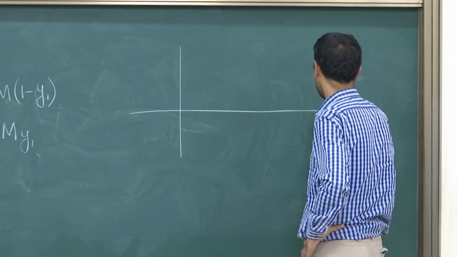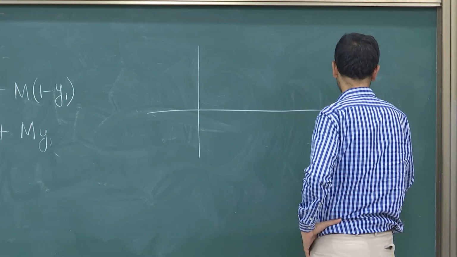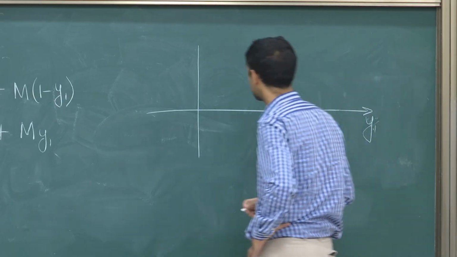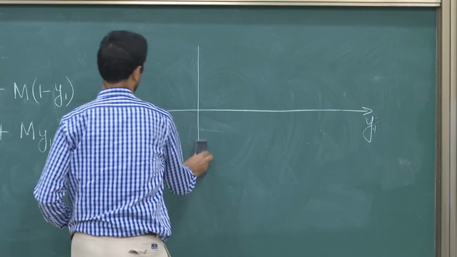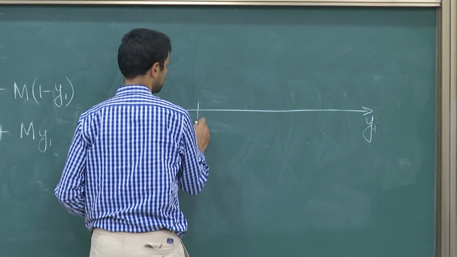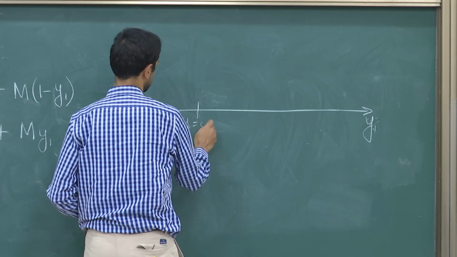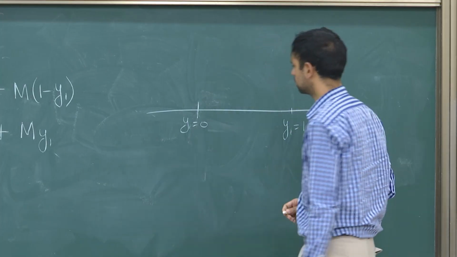So this axis I will keep as y1, the integer variable. That means there will be two points of interest, where y1 is 0 and y1 equal to 1.